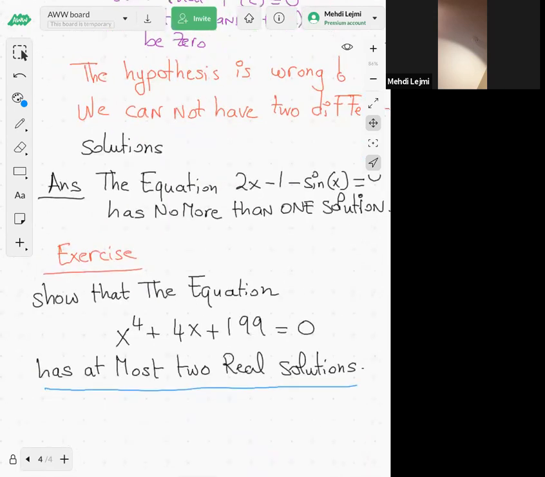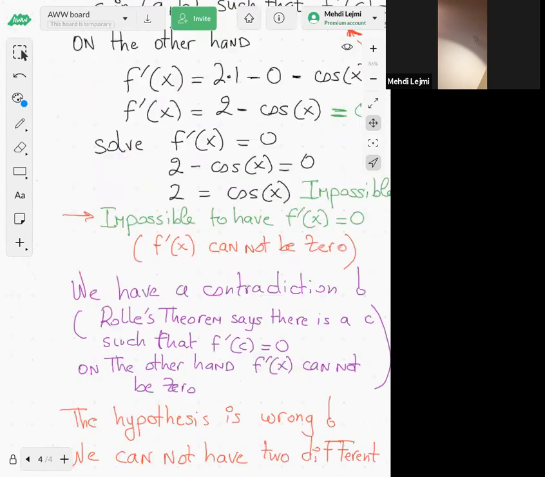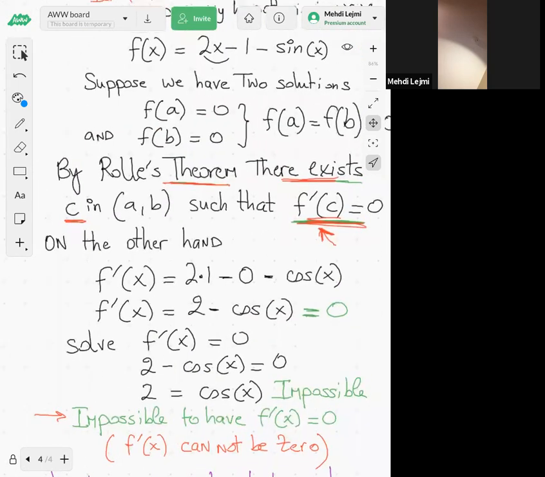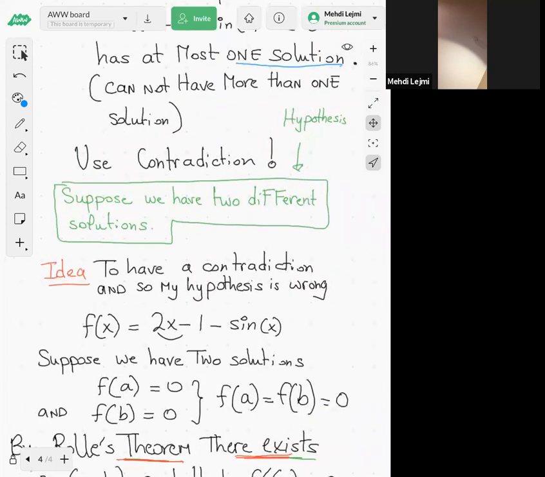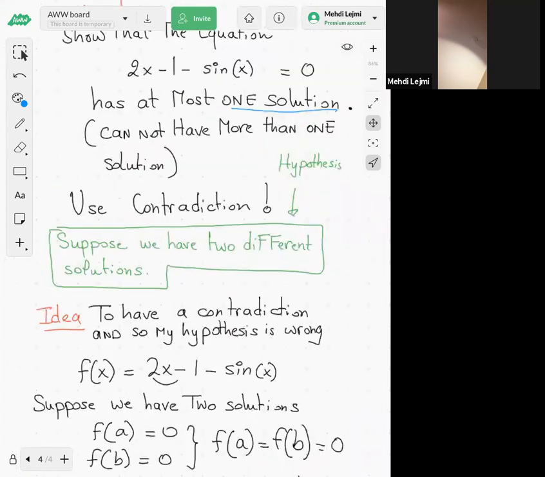But the idea is the same. In the example, I want to prove that the equation has no more than one solution, so I suppose that the equation has two different solutions, right? So, okay, that's one more than in the problem.